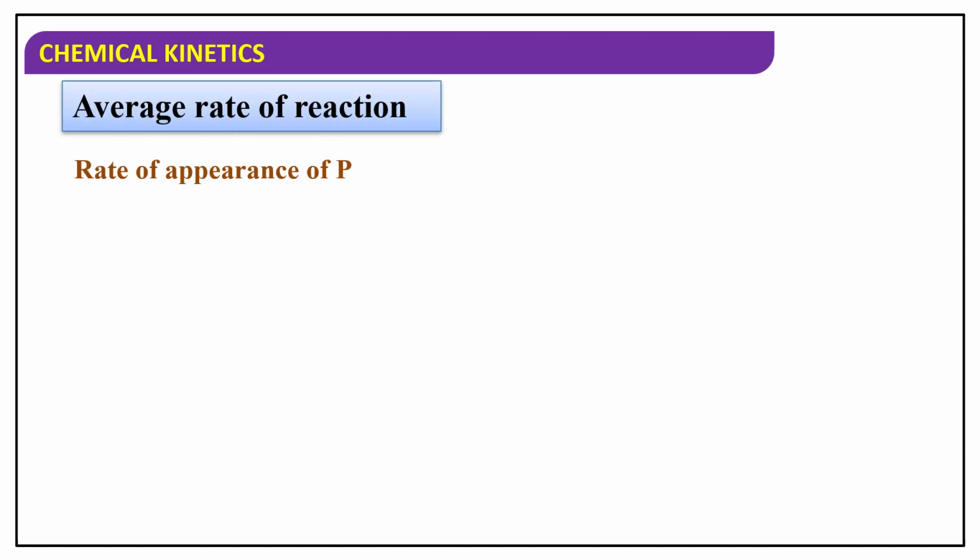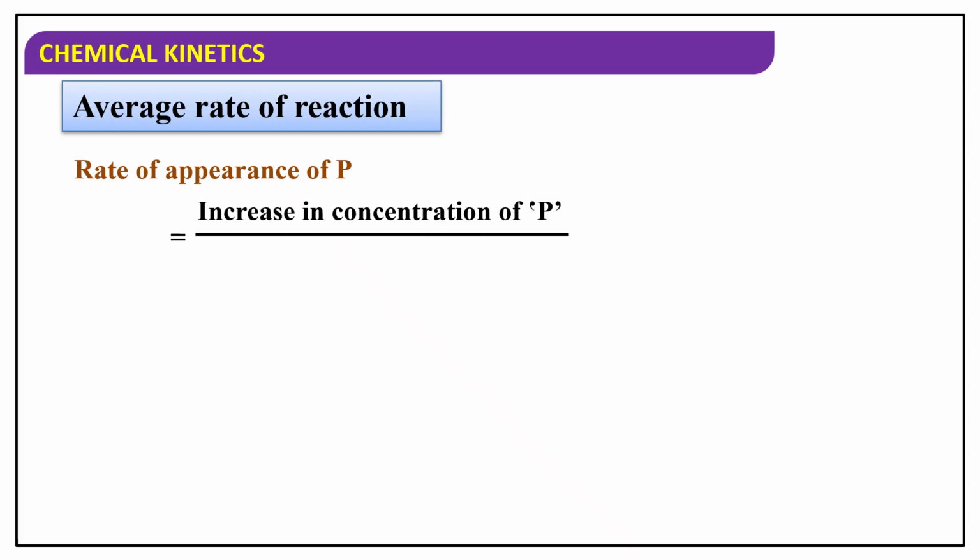Now average rate of reaction can also be expressed as rate of appearance of product, because any rate of reaction we can explain in terms of reactant as well as product. Rate of appearance of product means increase in the concentration of product divided by time taken.